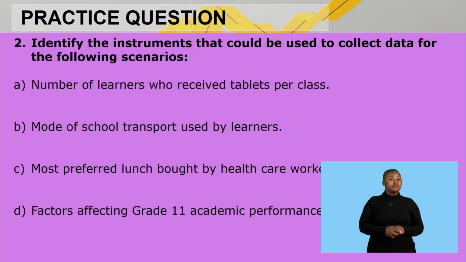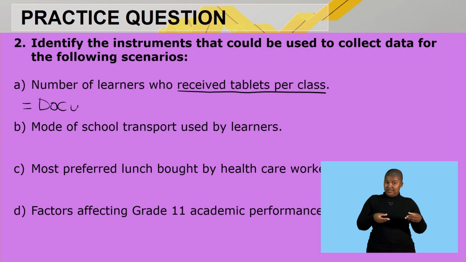Then number 2: identify the instruments that could be used to collect data for the following scenarios. Example A, the first scenario, is the number of learners who received tablets per class. In order to collect information on the number of tablets received per class, the instrument that can be used is documents or records.